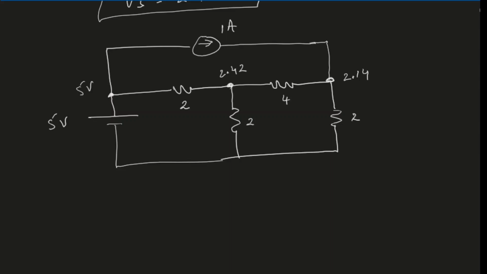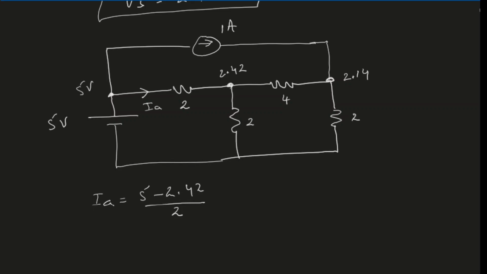Based on the voltages that I can see in the circuit, I can calculate this current to be 5 volt minus 2.42 volt divided by 2 ohms. So let's say this is some current IA, and IA should be equal to 5 minus 2.42 divided by 2 ohms.